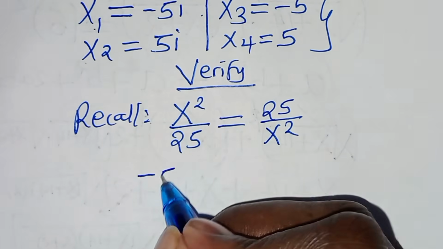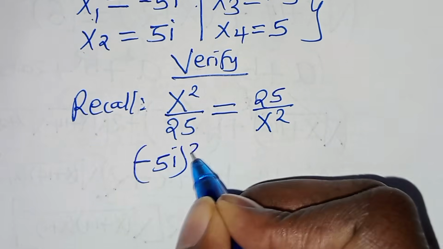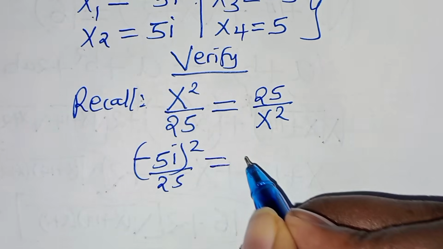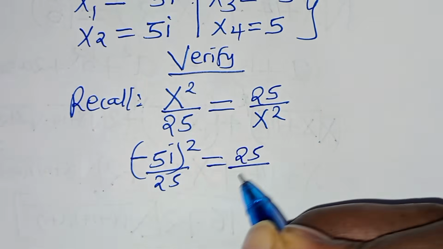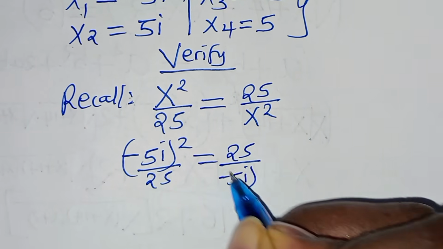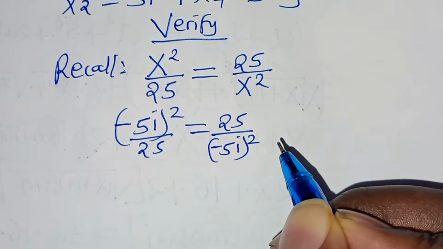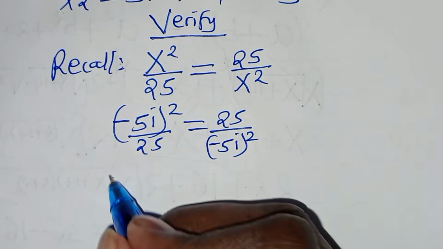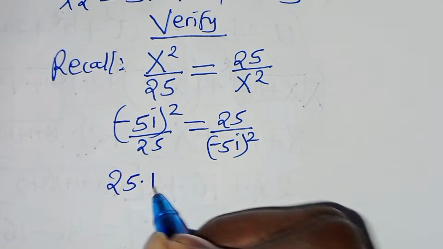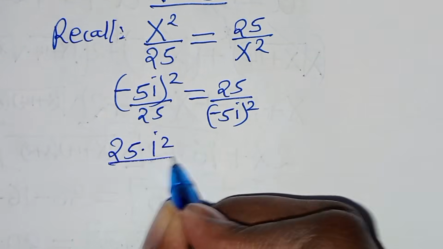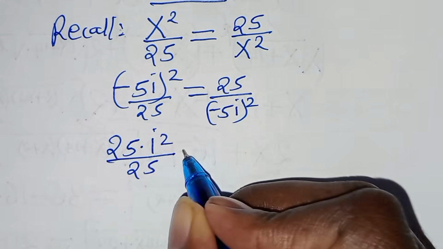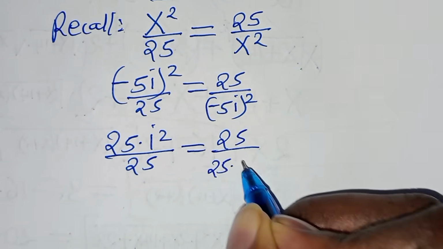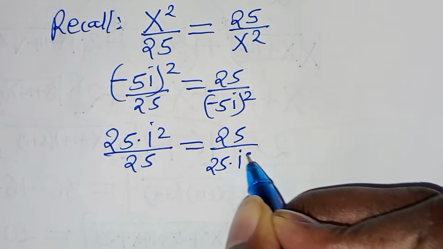So we have minus 5i squared divided by 25, equal to 25 over minus 5i squared. Minus 5i squared is the same thing as 25 times i squared.